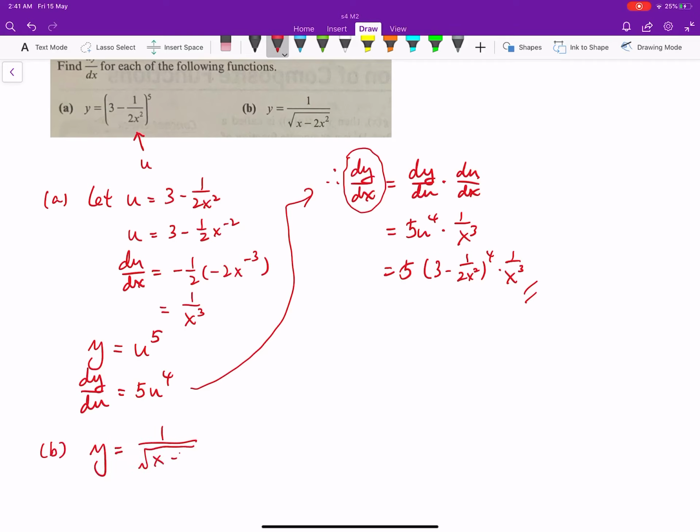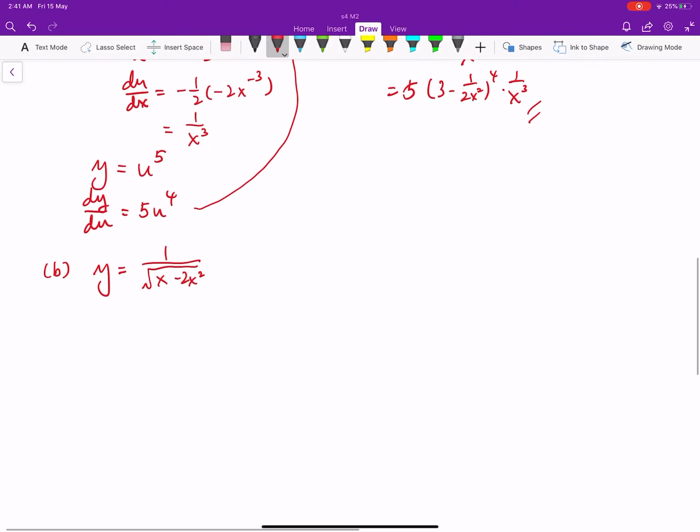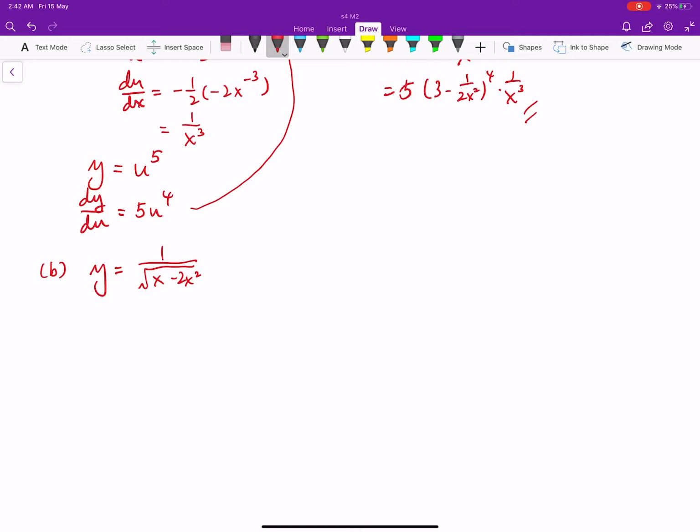Actually, we apply similar skills. In the questions, sometimes you look for the complicated function. So now this one is the u. So we let u be x minus 2x squared, and then we get du/dx first, which is 1 minus 4x.